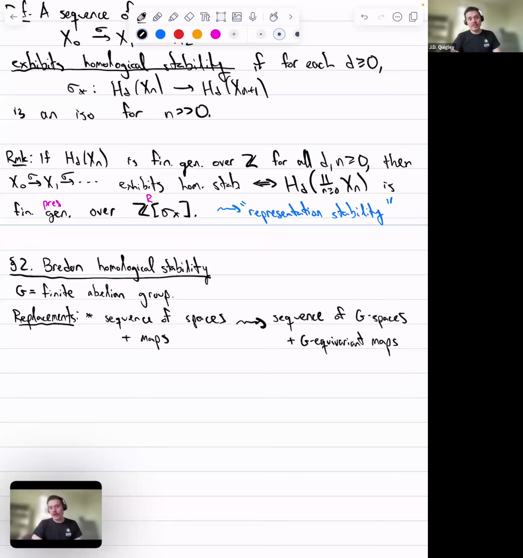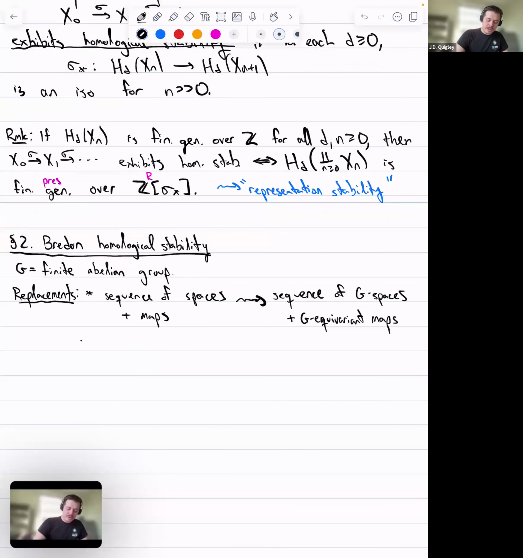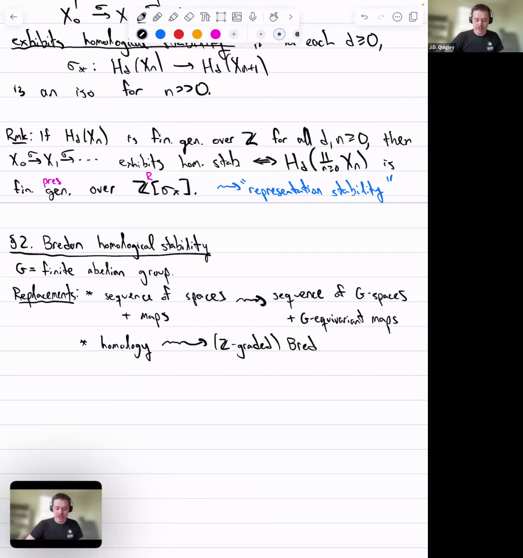One, because equivariant maps just seems like the right thing to do, but two, because I need my maps to induce maps in homology. And so what sort of homology are we going to consider? Well, we have a couple of possibilities, but the replacement we're going to consider is, let me put it in parentheses, integer graded Bredon homology, which I'll denote by homology with a little G in the superscript.